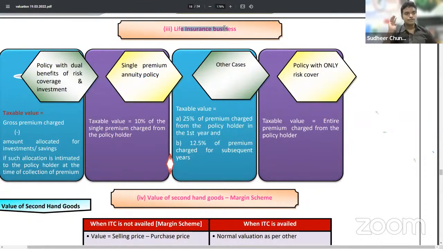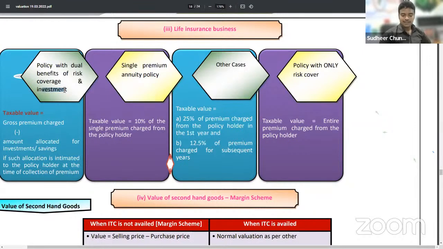Sir, if you see insurance receipts, LIC policy receipt, whether GST is being charged, yes. How much will they charge? Let us see here. Risk cover policies plus investment. That means these are called ULIP policies, unit linked insurance plans.